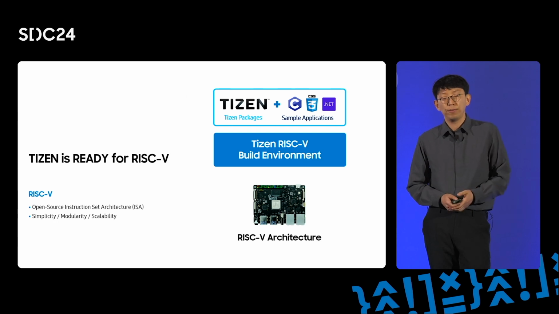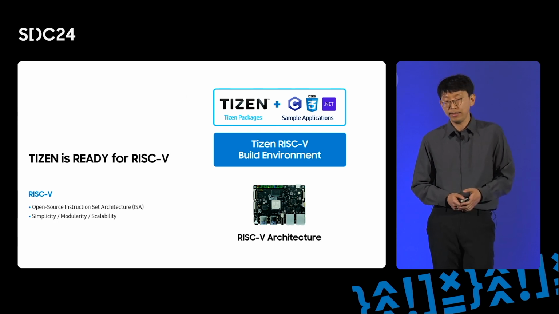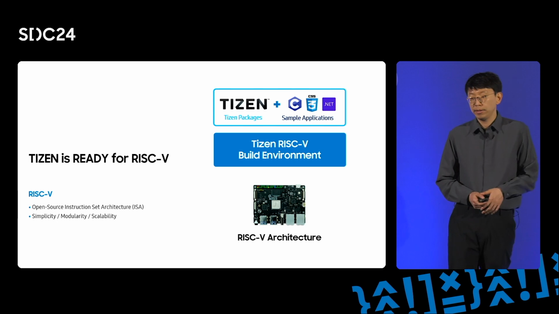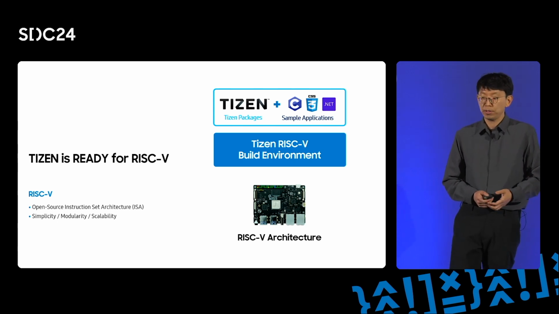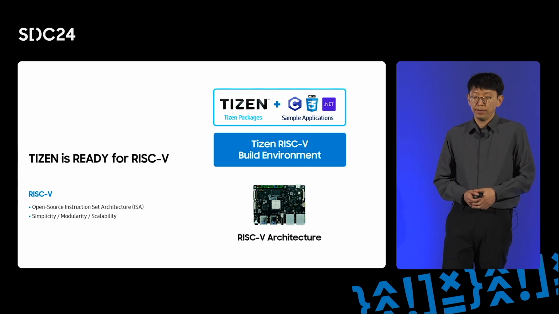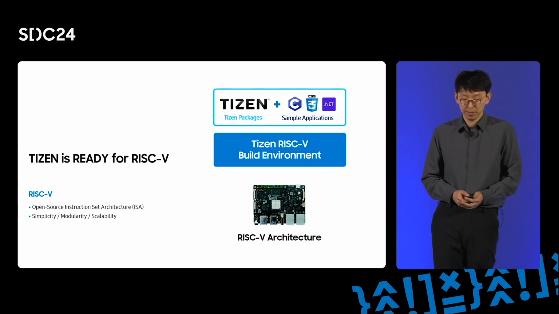The project of RISC-V support in Tizen has made significant progress this year. Currently, we have developed Tizen platform that runs Tizen sample apps on a reference RISC-V board. And these sample apps include native apps, web apps, and C#-based .NET apps.